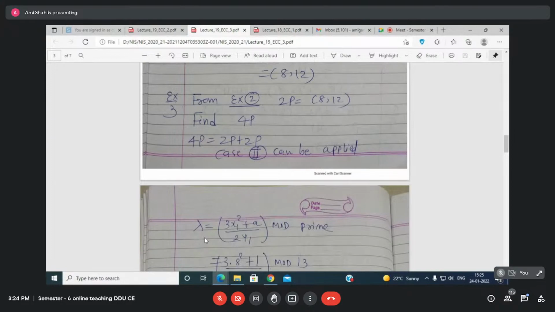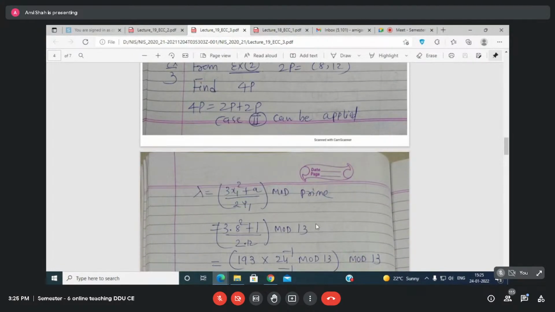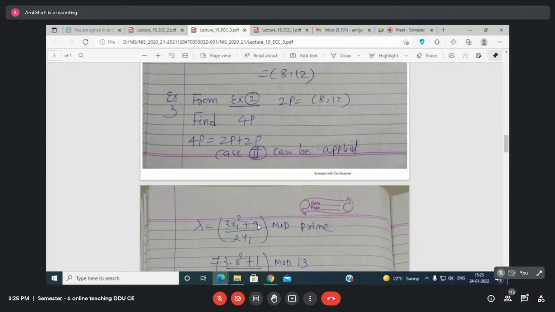First calculate lambda by using this formula, (3x1 square plus a) divided by 2y1, mod prime. Here x1 is 8, and y1 is 12. And what is the value of a?